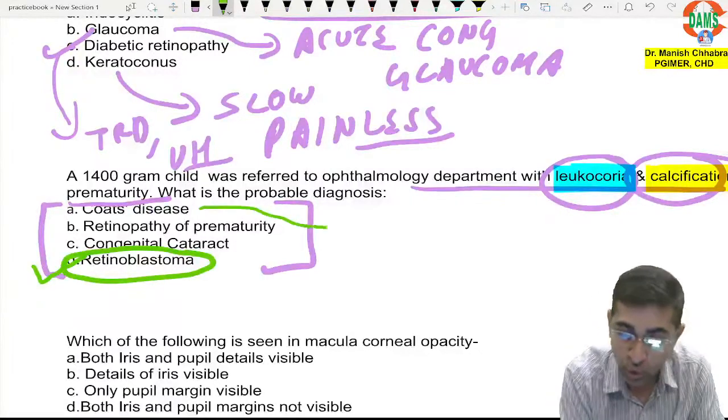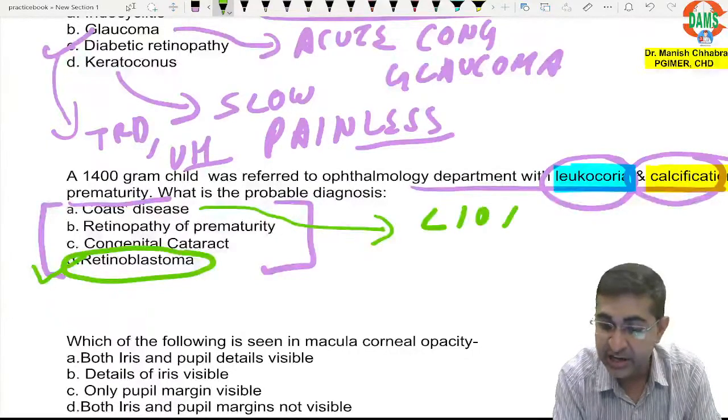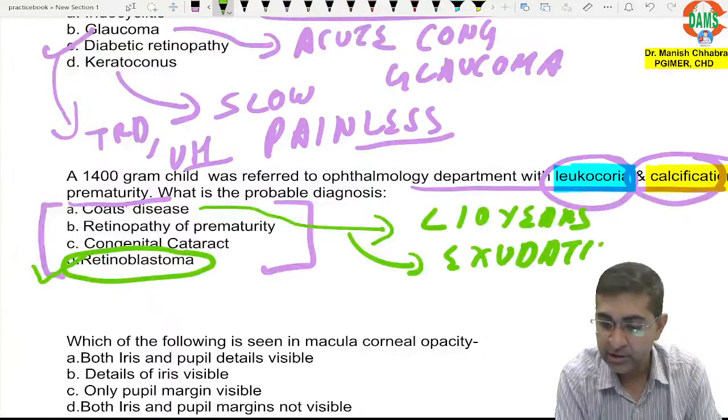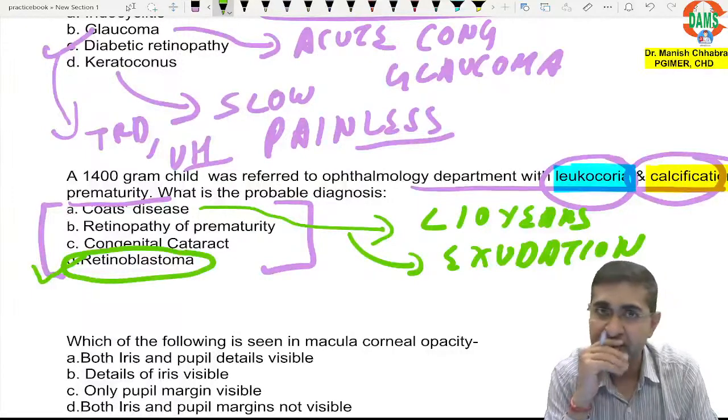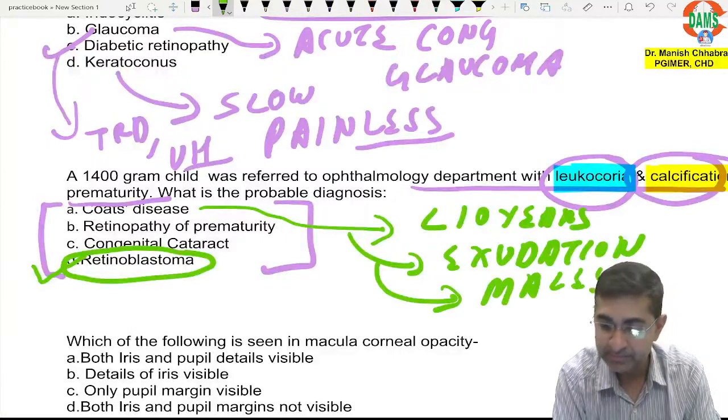Coats disease is seen in less than 10 years of age, and there is exudation and leukocoria, and it is more commonly seen in males.